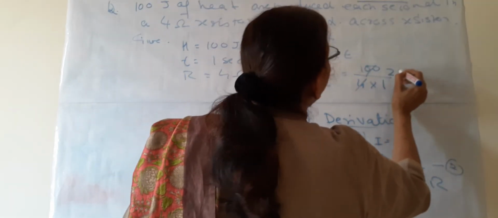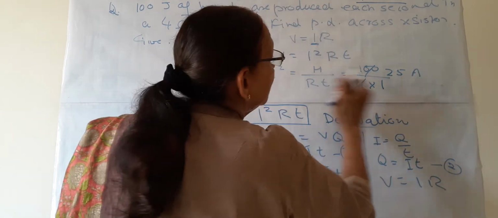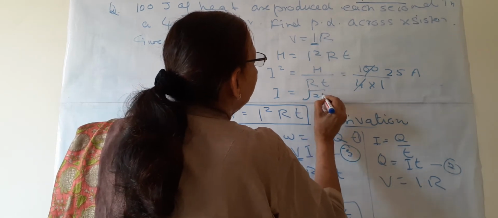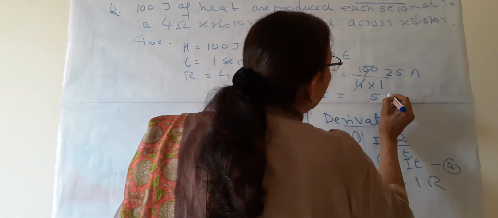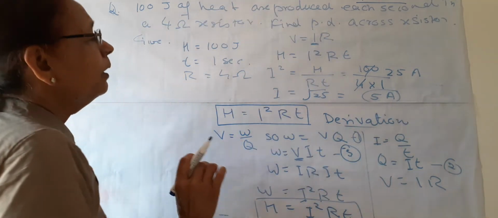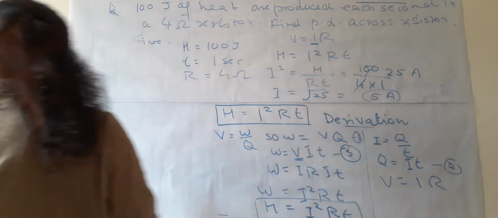So 25 ampere square is I square. So I will be under root 25, or it will be 5 ampere. So we got the value of I, which is 5 ampere.